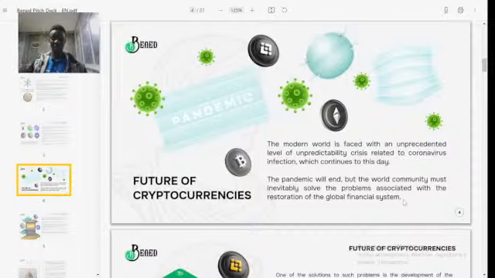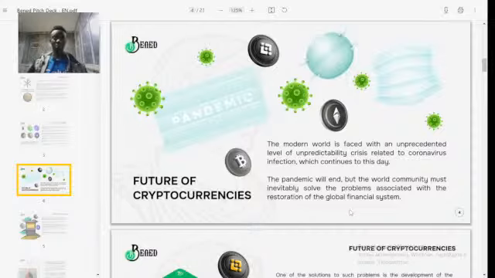Like in my country, I usually say there was a lot of increase in prices of basic commodities, things you could buy at very cheap rates. A child couldn't buy it with its lunch money, but because of the COVID-19 outbreak and the aftermath of it, everything was so high in price. So this is saying that we as humans that live on this planet experience unpredicted crisis, and most times we don't know what's going to happen the next month.